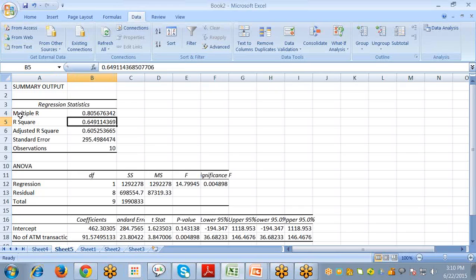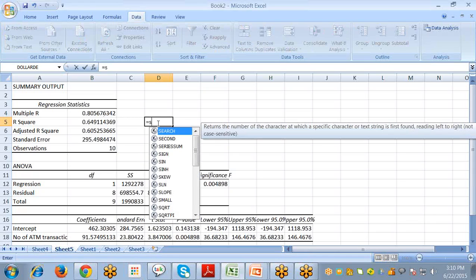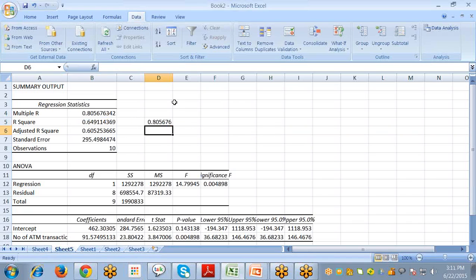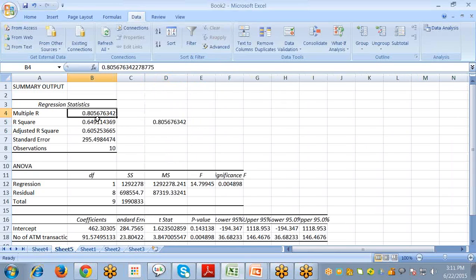That means if I calculate the square of Multiple R, using the square formula and passing this cell as the argument, then enter, it will generate the same output as is produced for R square, and these values are the same. That means R square is nothing but the square of the R value.